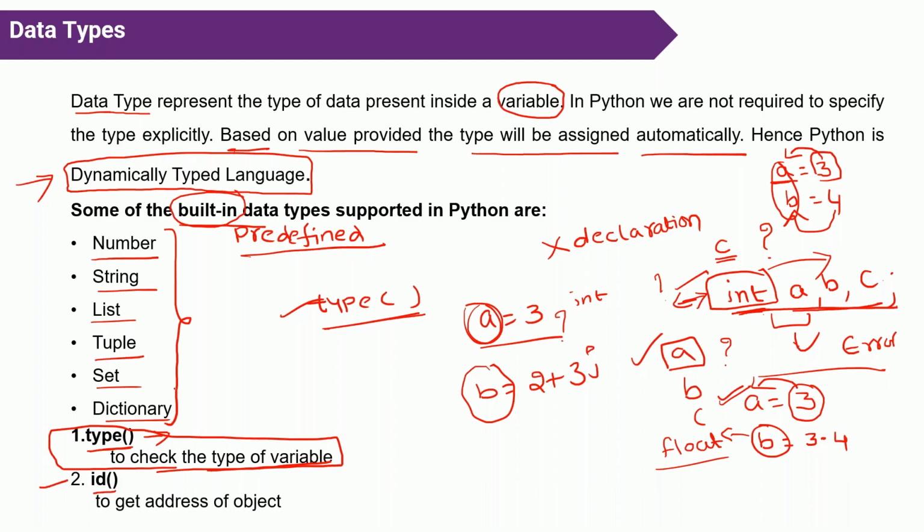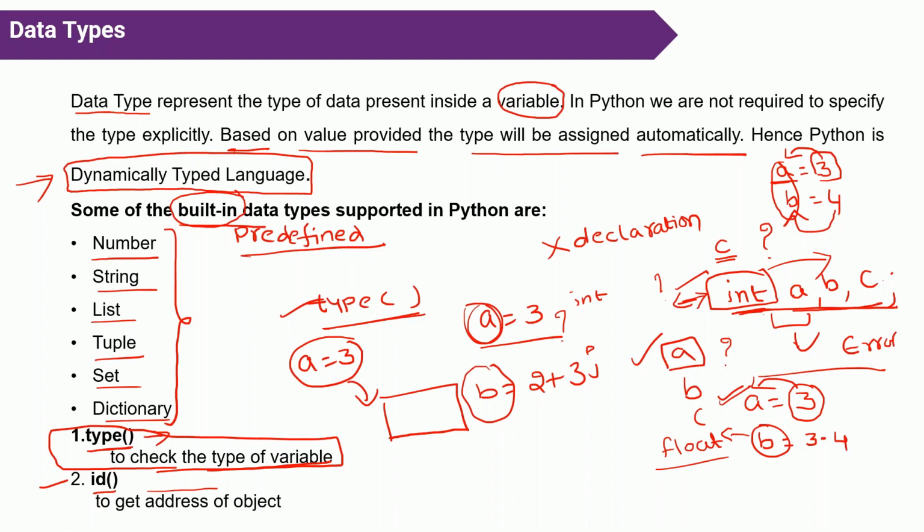Now, the second function is id. The id function is used to get the address. What is meant by this address? Remember, whenever a variable is created, automatically some memory is allocated.